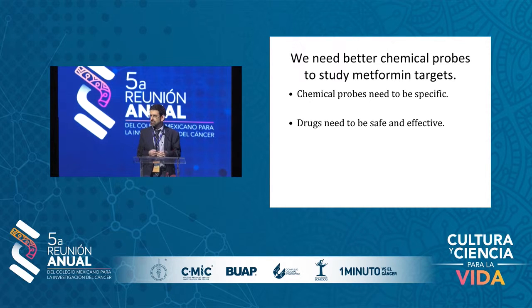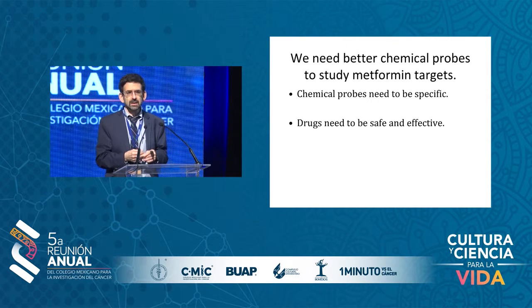One of the problems with metformin is that although it has a future perhaps in prevention, it does not appear to have much of a future in terms of therapeutics. And only by understanding the molecular mechanisms by which metformin is active in cancer can we make progress. And to do so, we need really good chemical probes.